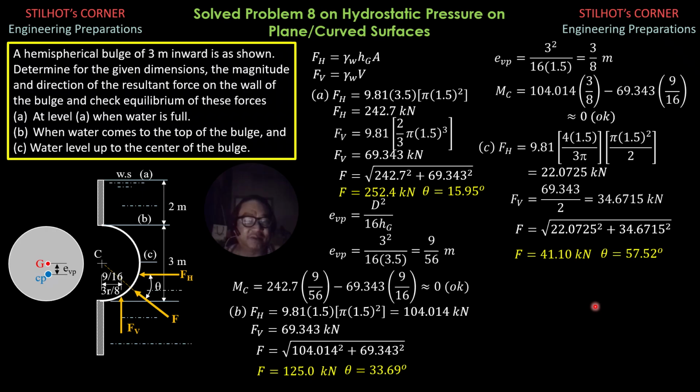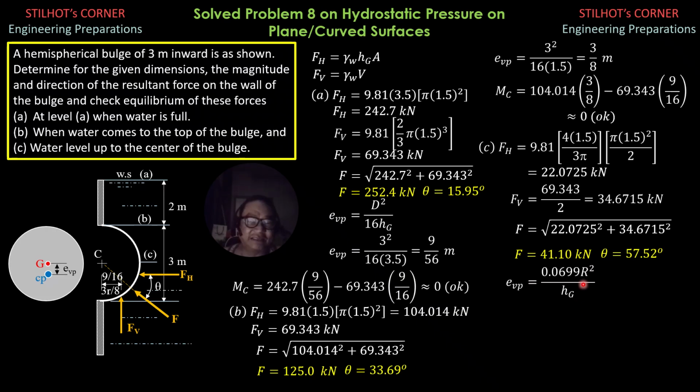Then let's check equilibrium by solving E sub VP. E sub VP equals IGX, this time 0.1098 diameter to the fourth, half of it through the centroid, over area pi over 8 diameter square, then Hg.